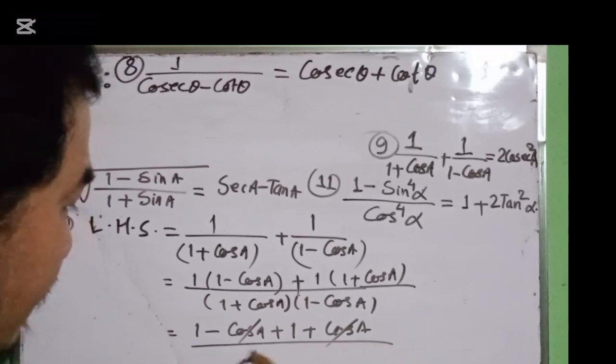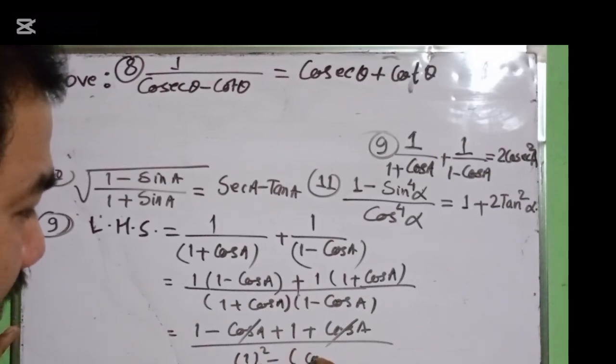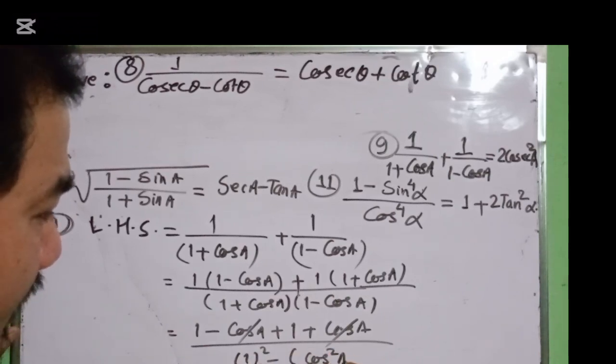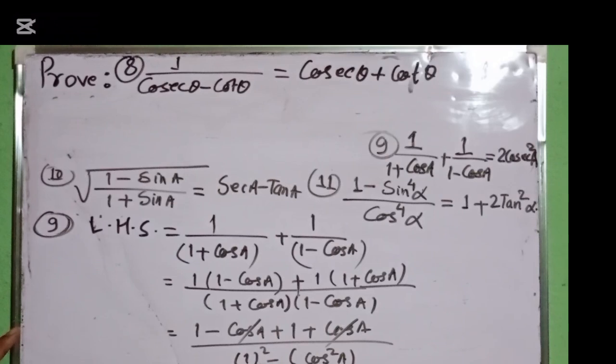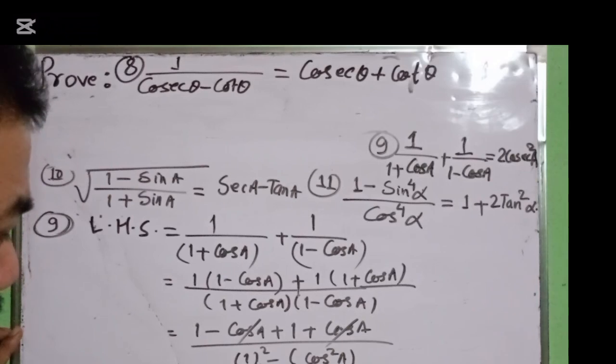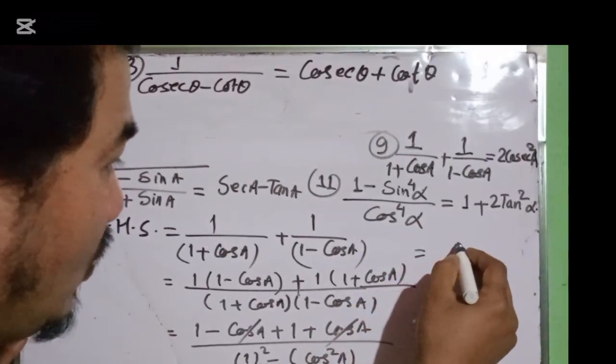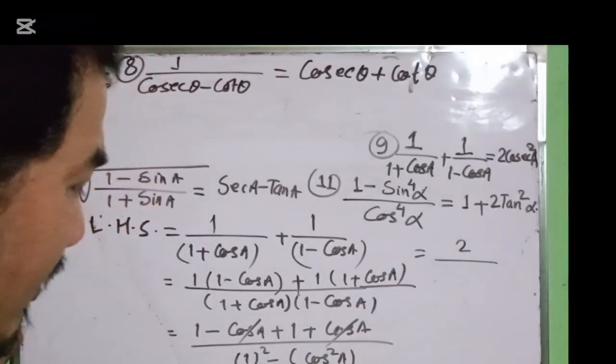Then we know a plus b, a minus b is a square minus b square. Up there is 1 plus 1, which is 2, and down there is 1 minus cos square a remaining. Now up is 2 only, and down is 1 minus cos square a.